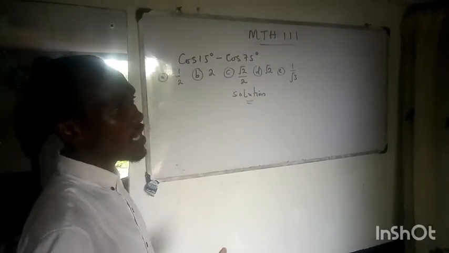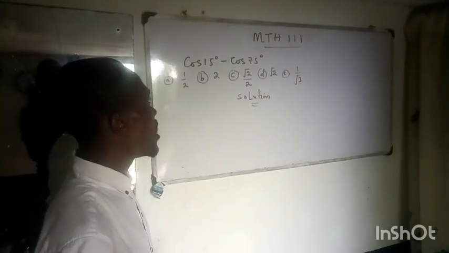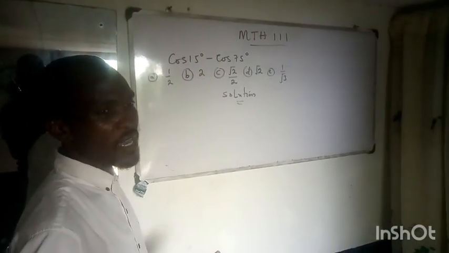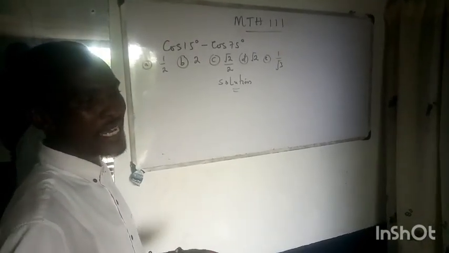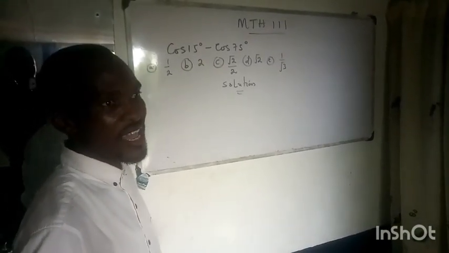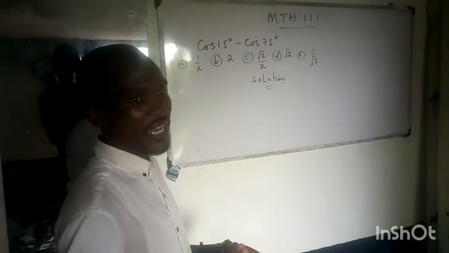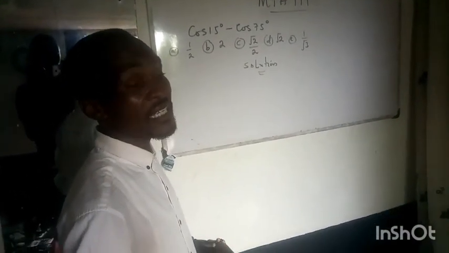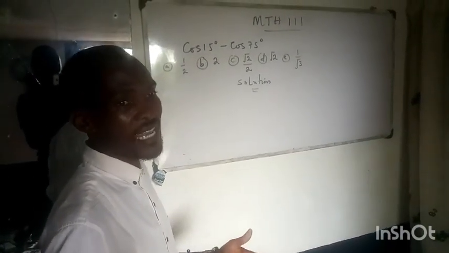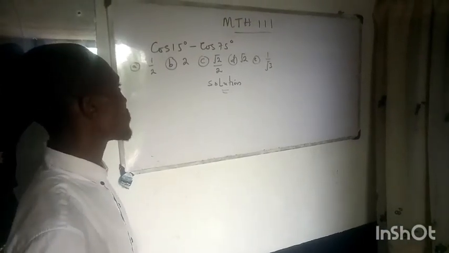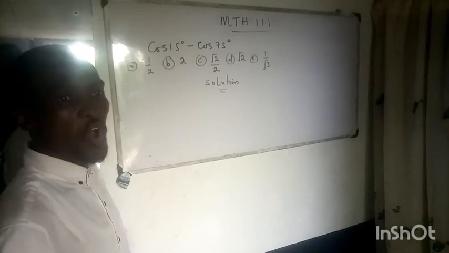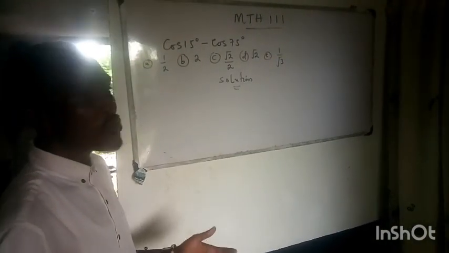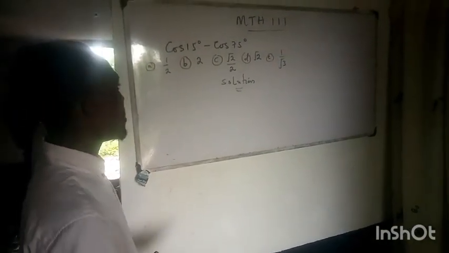So the approach to this will be to work with special angles, those angles that are easily expressed as rational and irrational numbers. So let's see how we can turn cos 15 to a special angle.